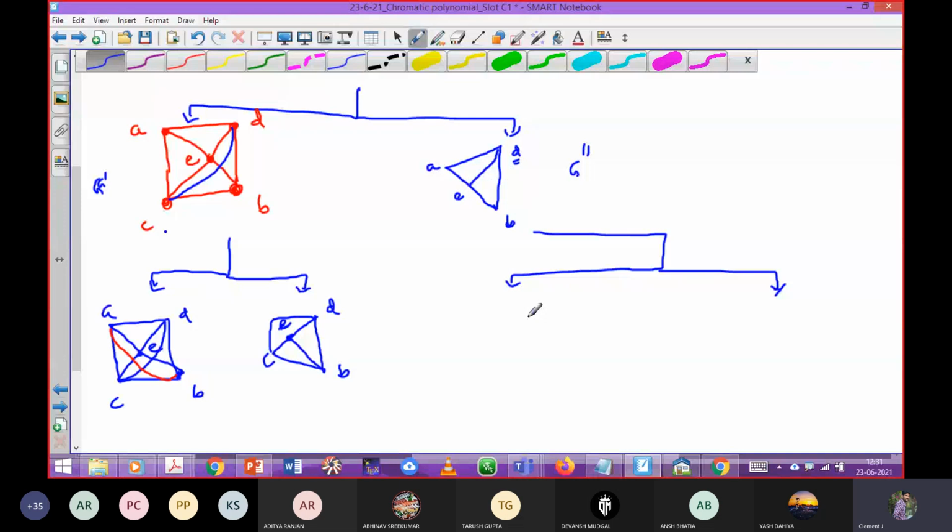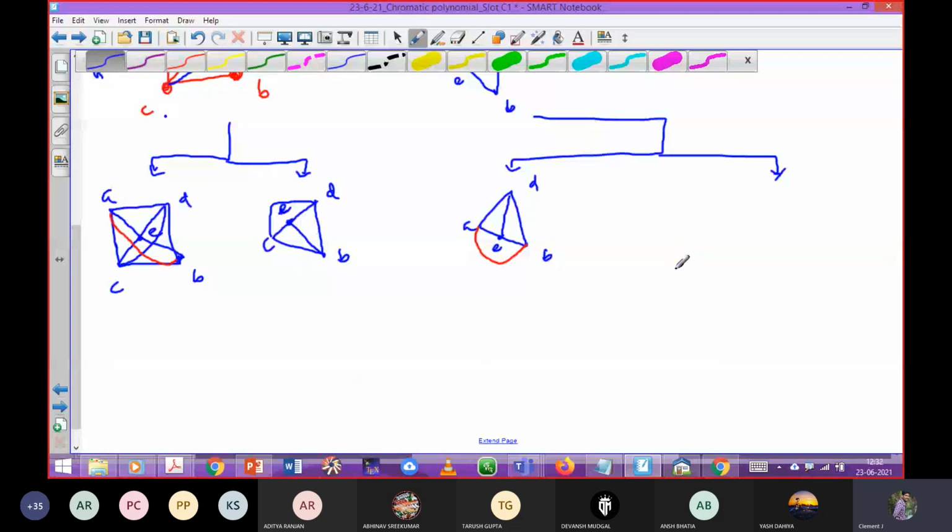So I can keep the same shape first: A, E, B, D. I need to create a new edge, that is AB. After that, I need to fuse that, right? So here it will be formed like.